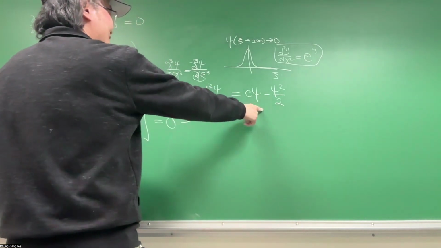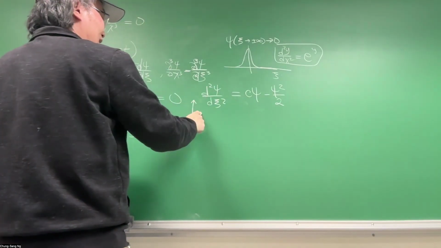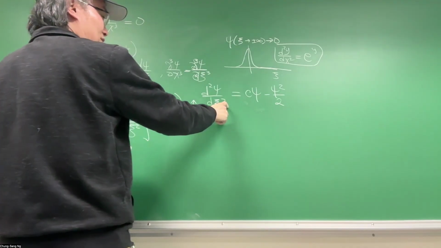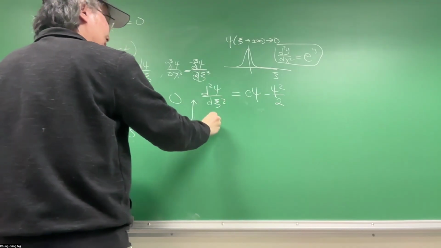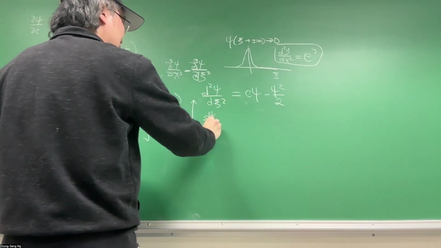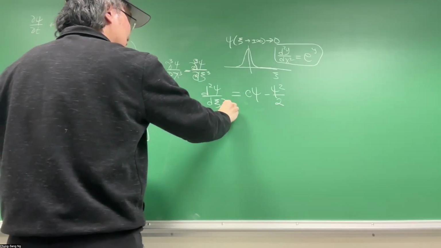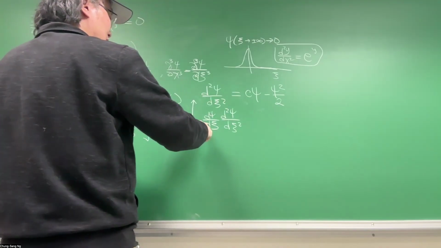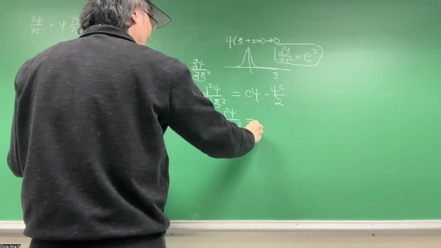Remember? So that's the same thing. To get to a conserved energy, you just multiply by the velocity. dψ/dξ times d²ψ/dξ². So that's the left-hand side.